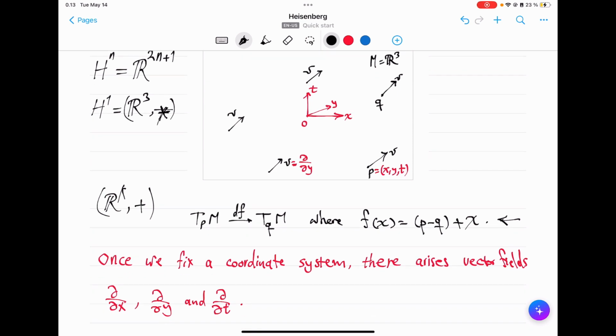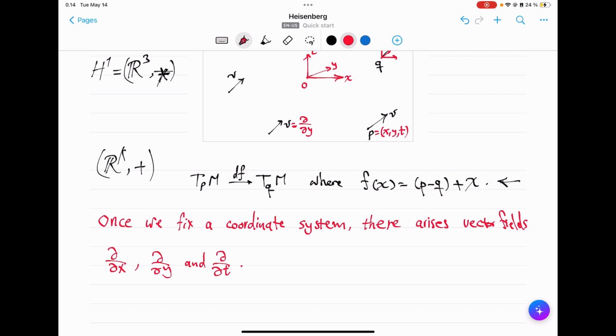we can describe any other vector field in terms of linear spans of the three here, because at every tangent space they form a basis, right? Partial x, partial y, partial t.